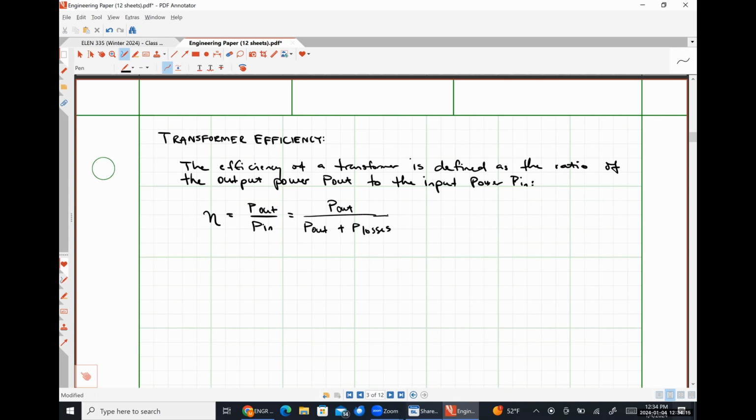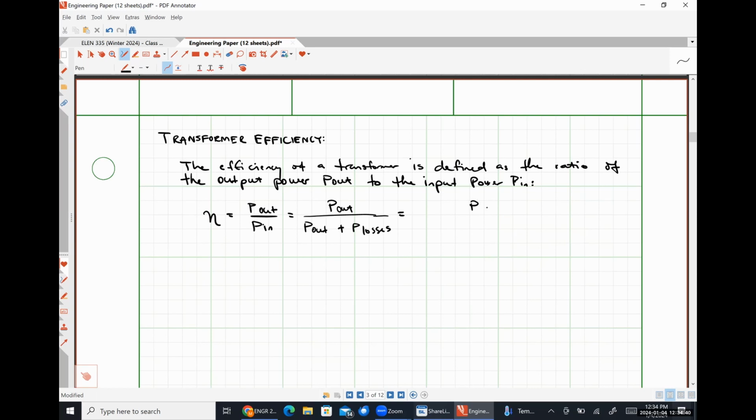P losses. Well, what kind of losses do we know about that transformers regularly experience? So we have copper losses, or I squared R losses, due to the resistance of our windings. And then we also have core losses because we lose energy constantly magnetizing and demagnetizing our core, right?